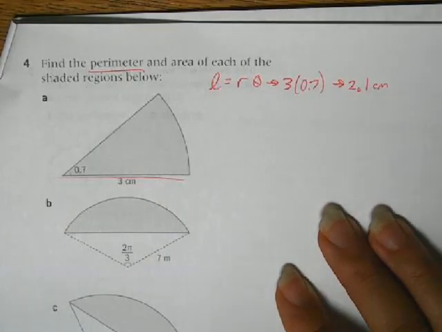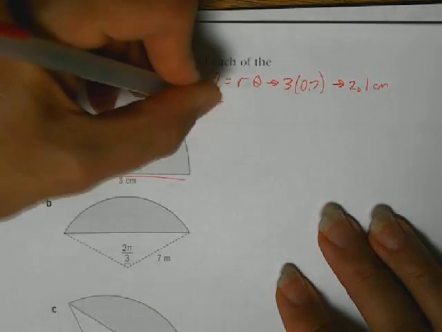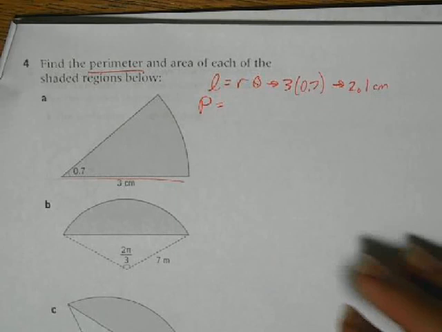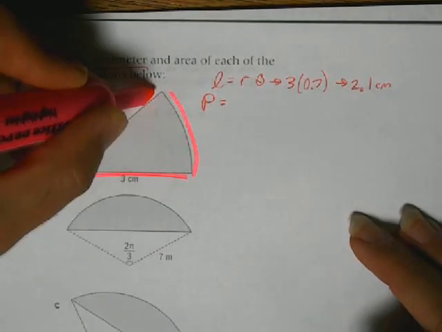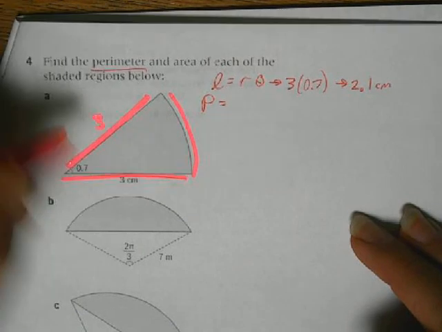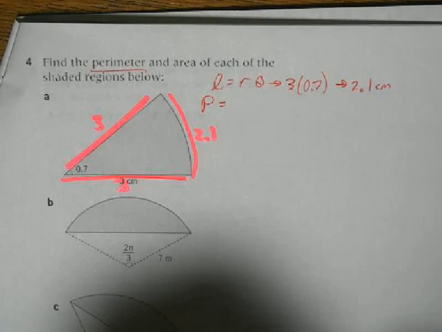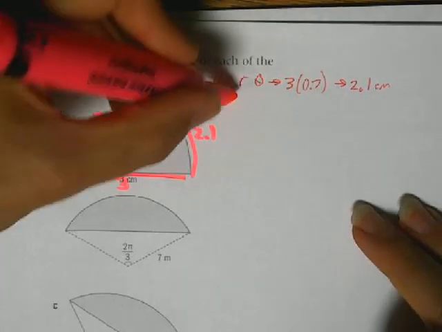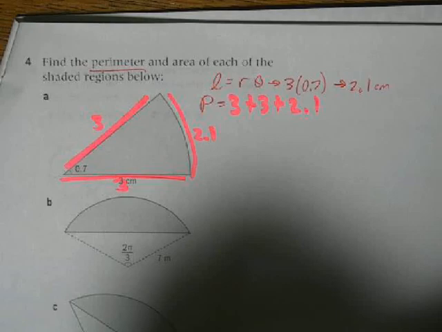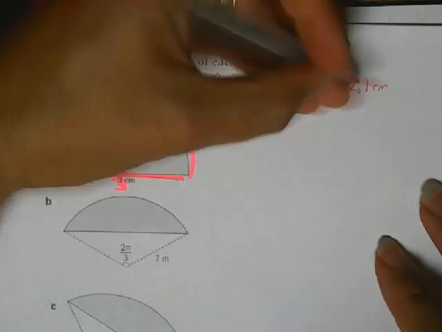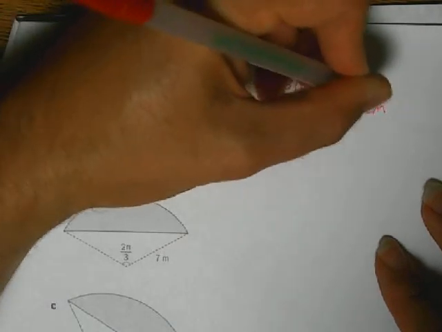Now if I want to find the perimeter, that's going to be equal to this length plus this plus this. So we know that's 3, this is 2.1, and that's 3. So the perimeter is going to be 3 plus 3 plus 2.1, which equals 8.1 centimeters.